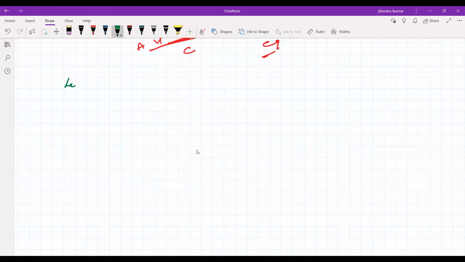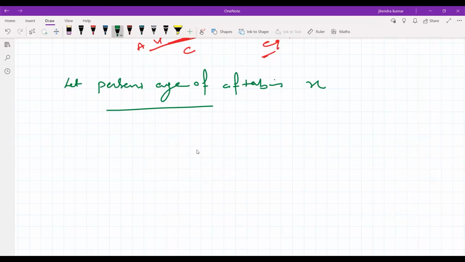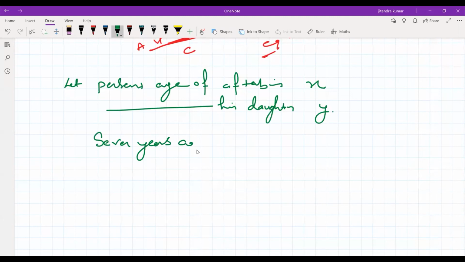So let the present age of Aftab be X and the present age of his daughter be Y. In the first case it says 7 years ago, so Aftab's age will be X minus 7 and his daughter's age will be Y minus 7.